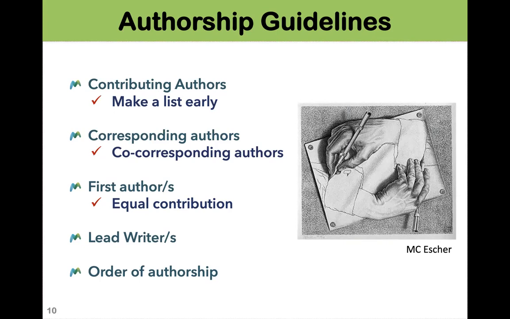And you also make a decision on who is going to be the corresponding author, because corresponding authors are also known as senior authors. It's more prestigious to be a senior author. In our field and most fields, the senior author is the last author in the paper. And sometimes articles can have co-corresponding authors.